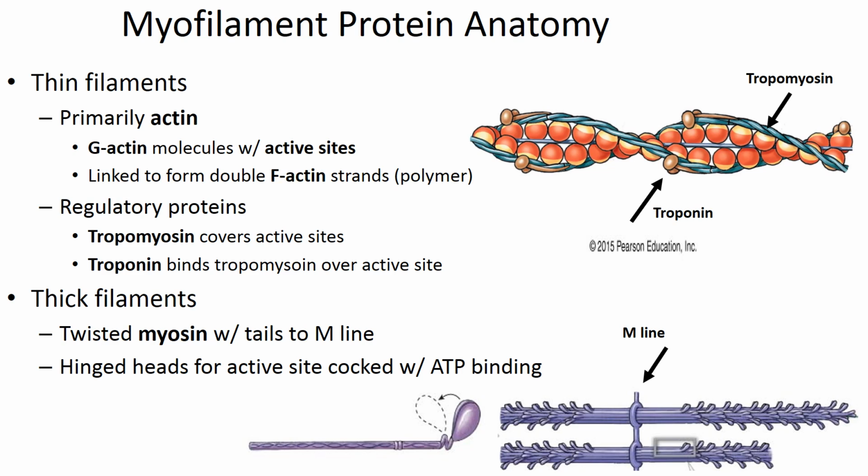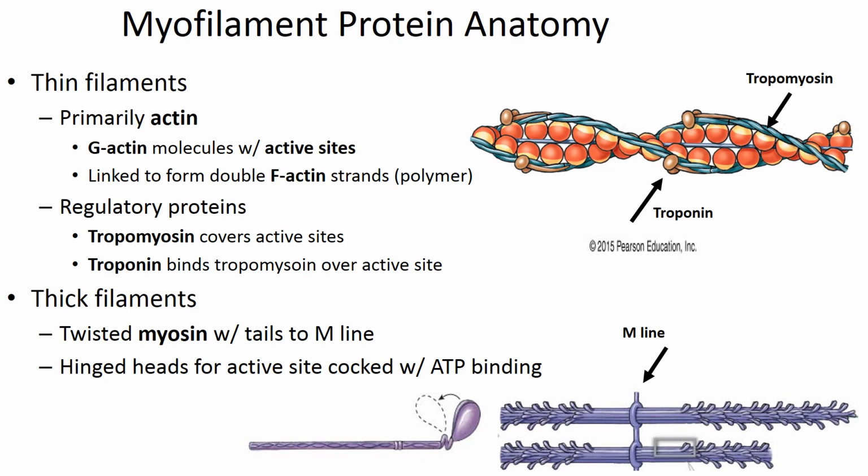G-actin is a globular actin, which is rounded, a compact molecule of protein that possesses an active site where one myosin molecule can bind. Troponin is a protein containing 3 globular subunits and is strategically placed along the tropomyosin.